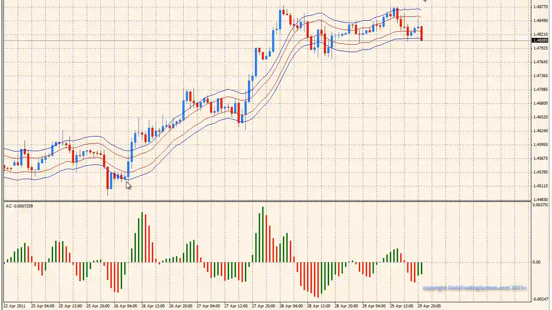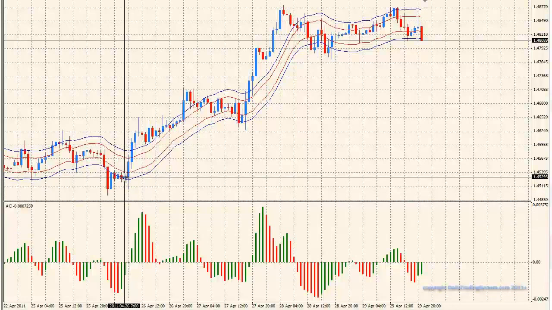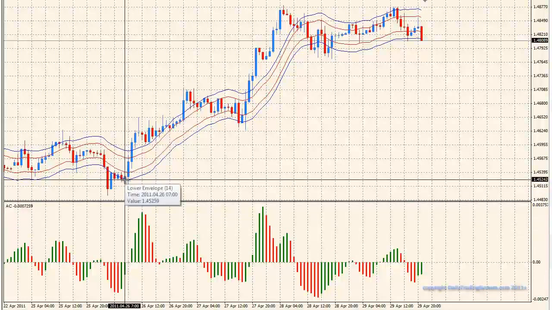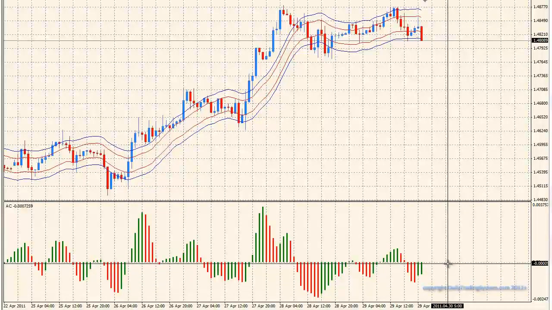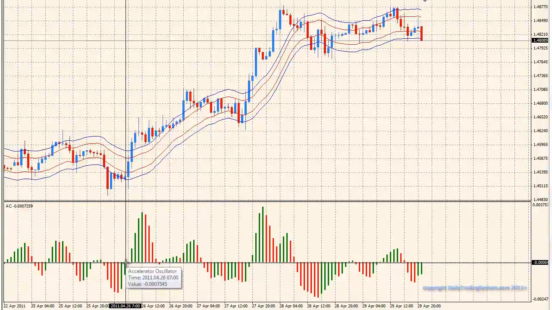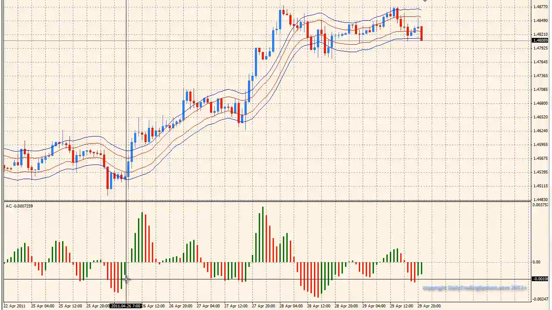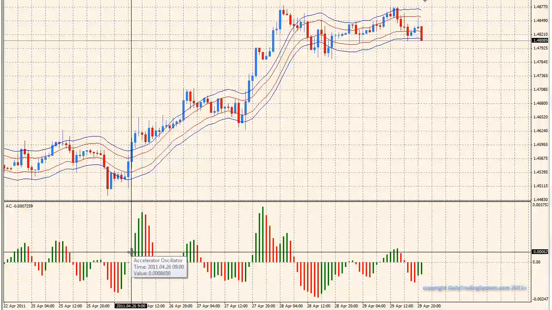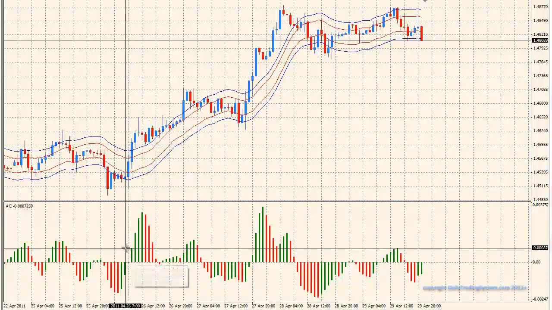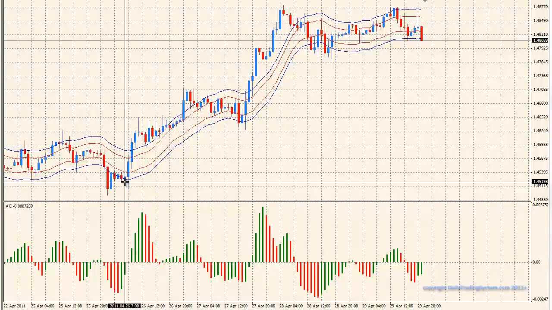When you see that the close is inside those two lower bands, the next thing to look at is where it lines up with the Accelerator Oscillator. This is the vertical scale, where the dotted dashed line is. Anytime you see these green bars come below it, give yourself a heads up that this might not turn out to be a profitable trade, or you might not get much out of it. When the bar on the Accelerator Oscillator goes above the vertical scale and lines up with the close, that's a pretty good trade.